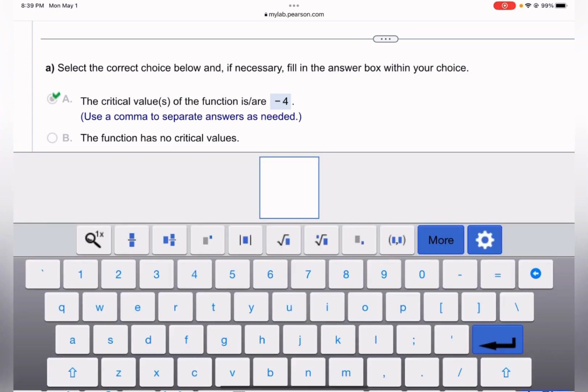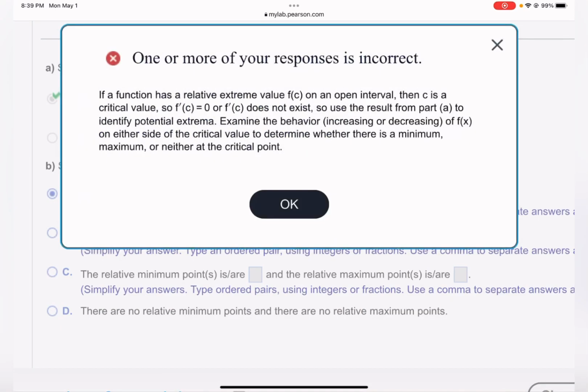So we plug here, and where are our parentheses? Let me see if I can find. Oh, here they are, parentheses. So we have -4, comma, +4, and we close parentheses.